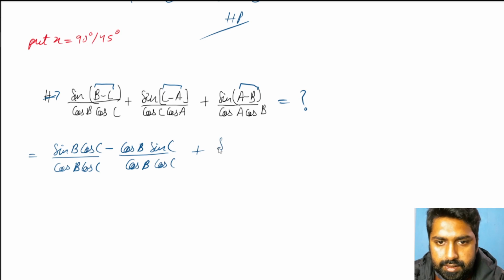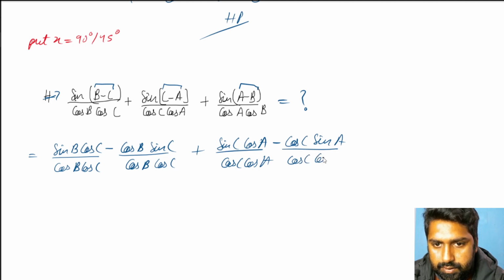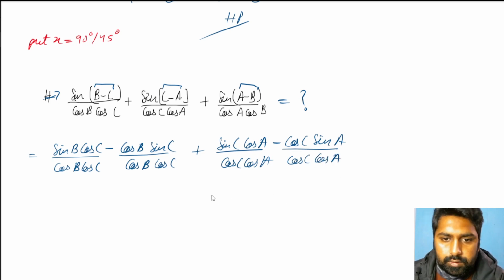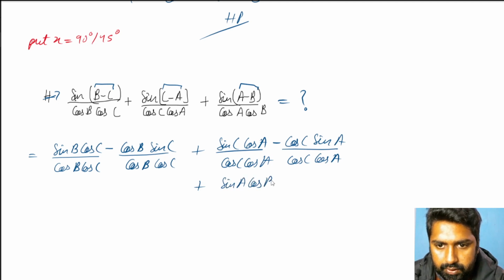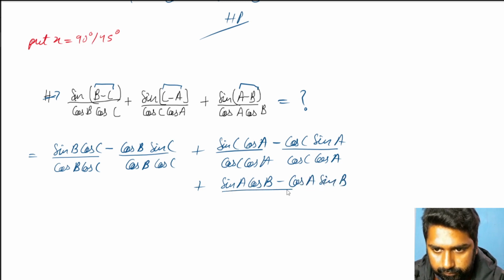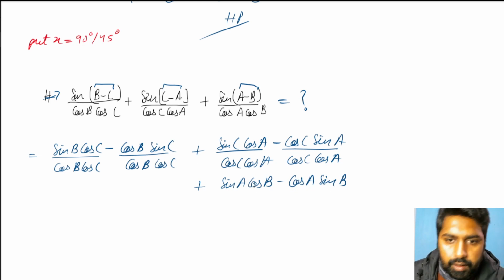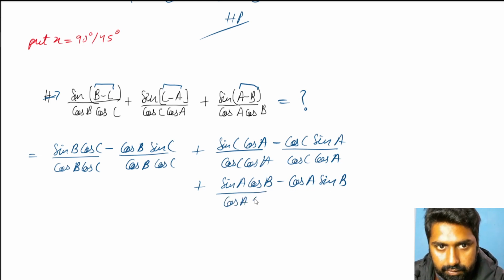Same thing, do it with this: sine c cos a minus cos c sine a upon cos c cos a. Third expression I'll write below: sine a cos b minus cos a sine b. Denominator I'll split again: cos a cos b.